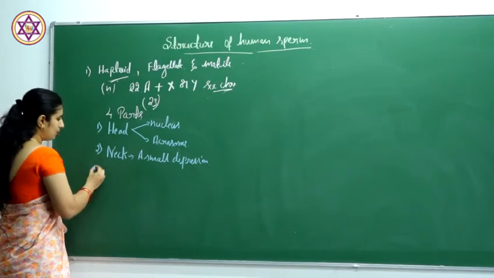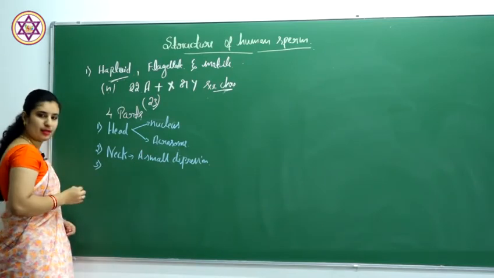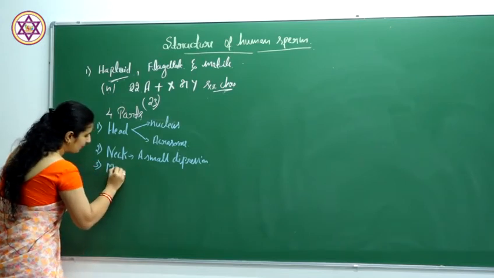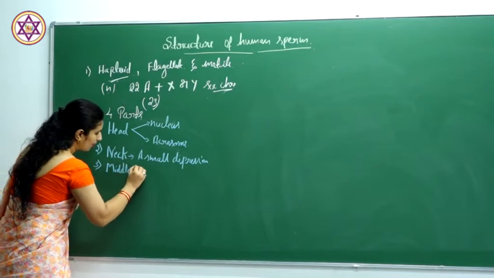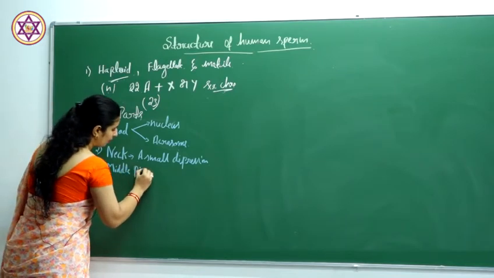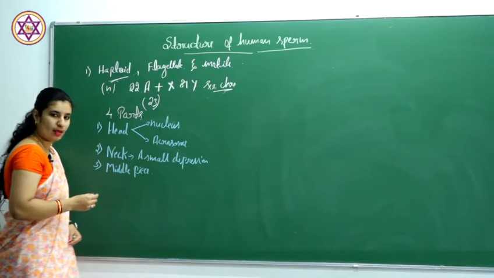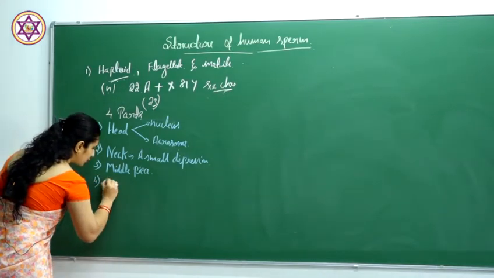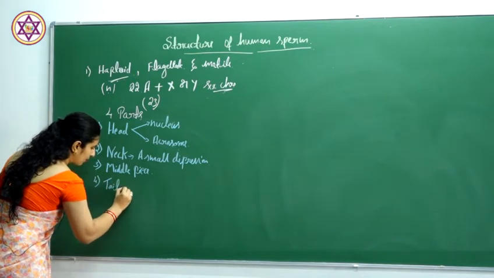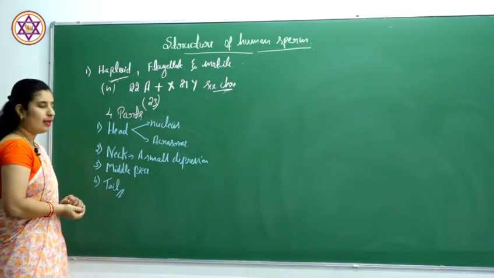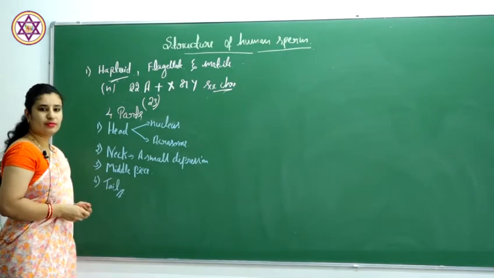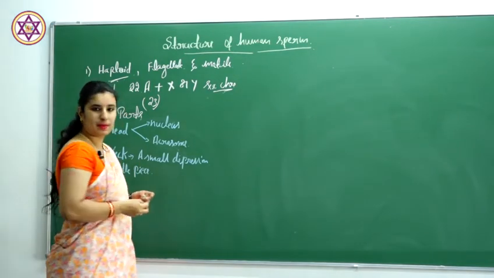The third part is the middle piece, and the fourth part is the tail part. These are the 4 important parts of the mature human sperm.